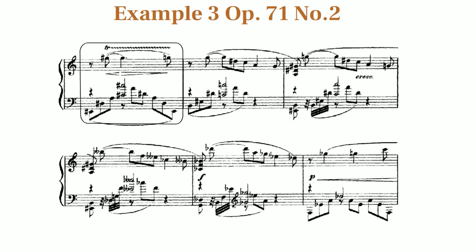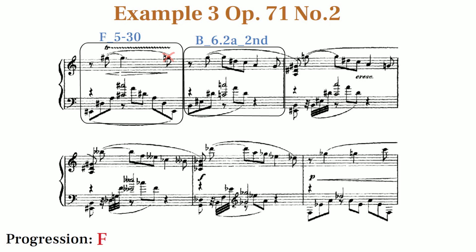Opus 71, number 2. Starting on measure 14, we have a subset of the Mystic Chord based on F. Then we move a tritone to B to the second mode of 6.2A, which is the inversion pair of 6.2B.